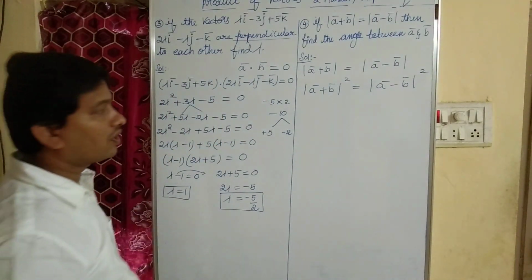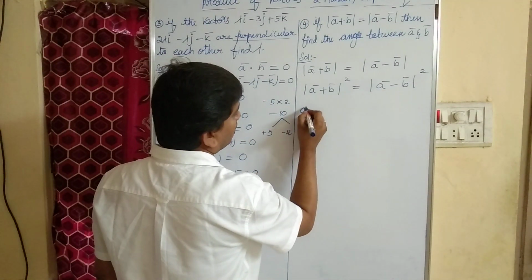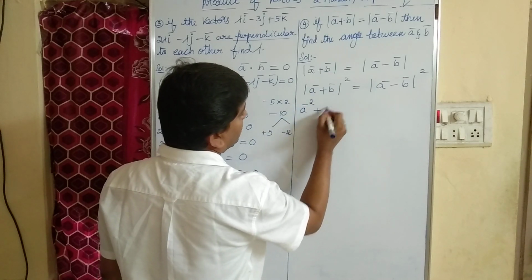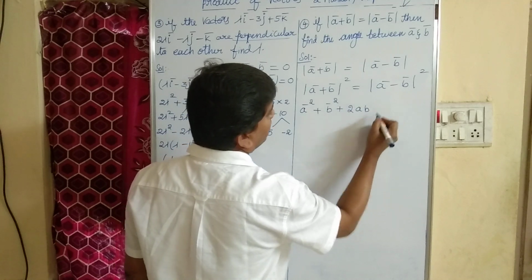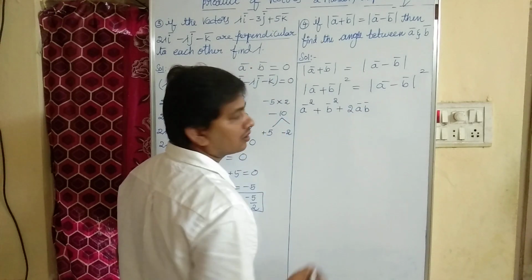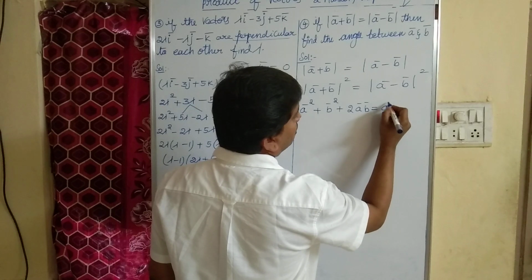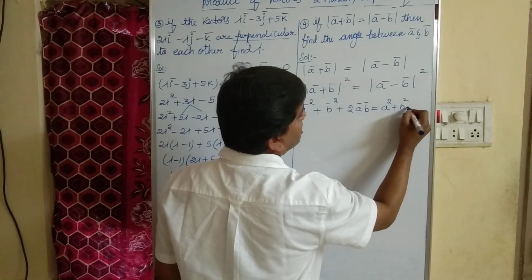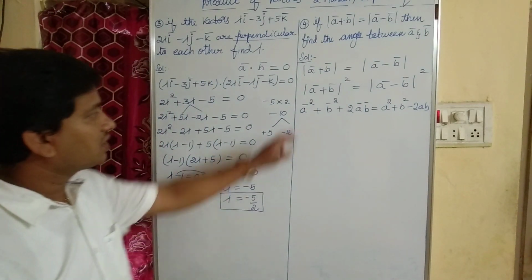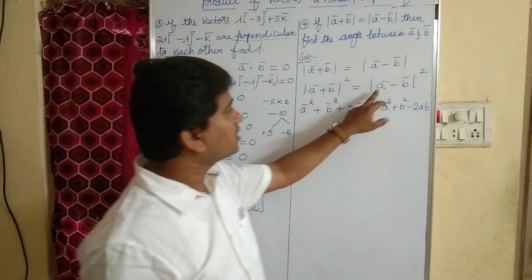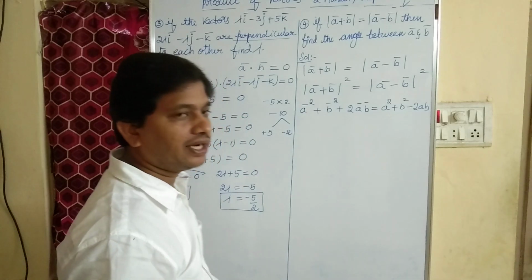Using the a plus b whole square formula: a square plus b square plus 2ab is equal to a square plus b square minus 2ab. So this is the a plus b whole square formula and this is the a minus b whole square formula, right?